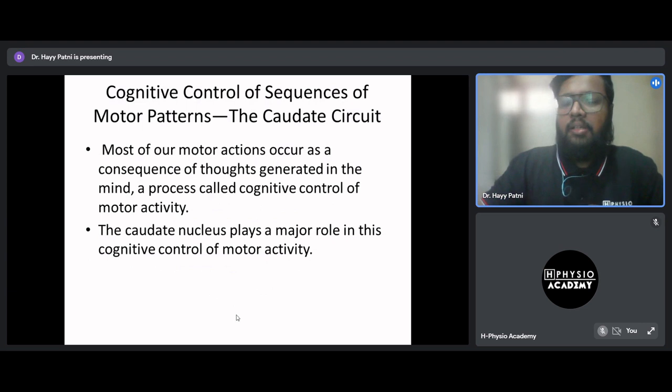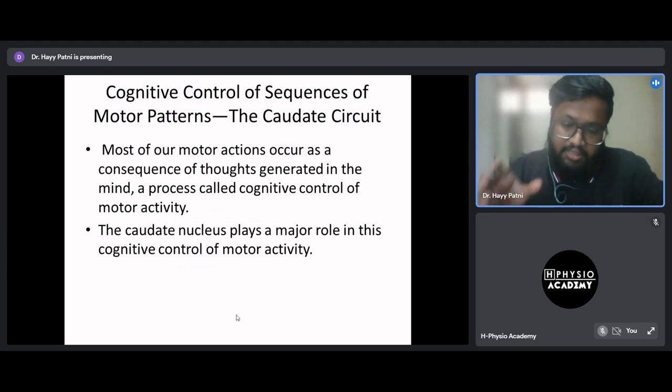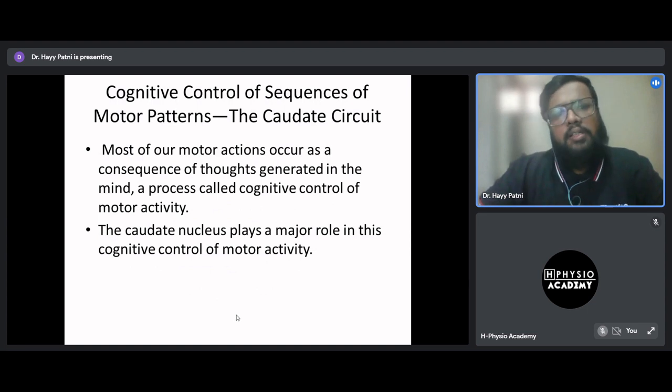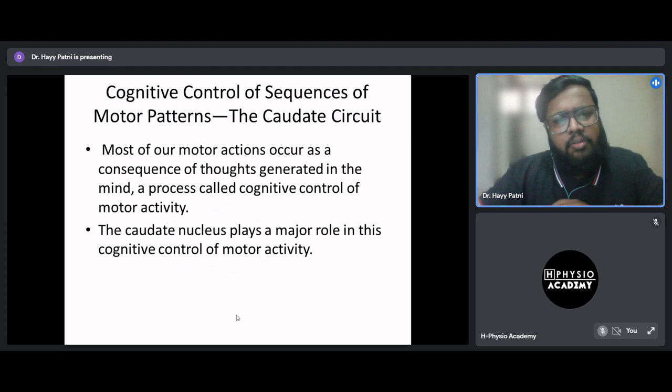Again, I'm repeating the word modulated because basal ganglia directly isn't responsible to create a movement, but rather it modulates this. The caudate nucleus here plays a major role in this cognitive control of motor. So whatever motor actions are cognitively done, like you think, I want to pick up this bottle, I want to pick up this pen and start writing, that cognitive control is modulated, and the caudate circuit here plays a major role in controlling.